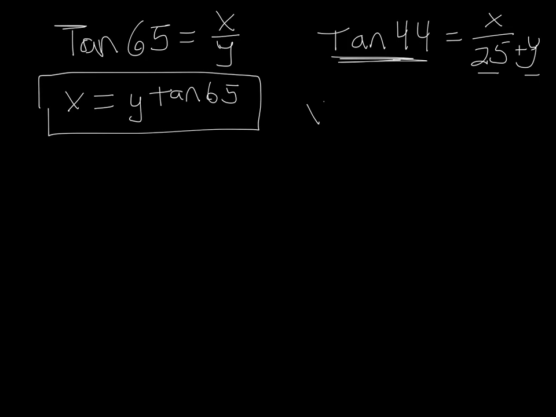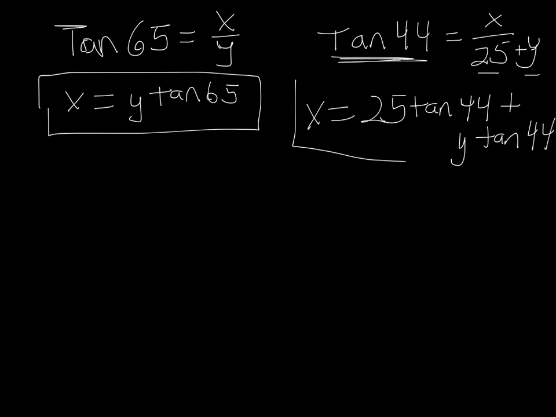So we are going to get the statement that x equals 25 times the tangent of 44 plus y times the tangent of 44 as our second equation. And again, in that one, I was multiplying both sides by 25 plus y, and then I distributed.